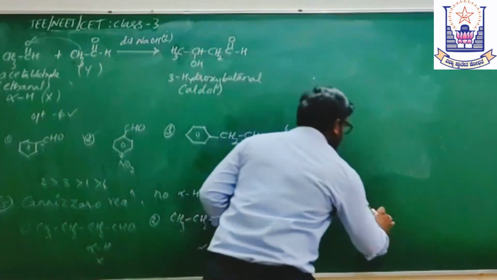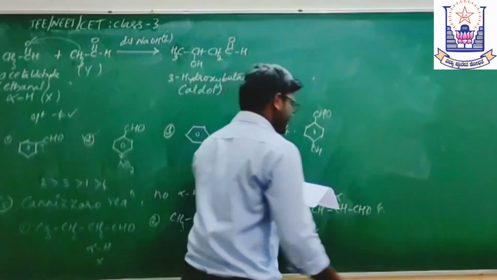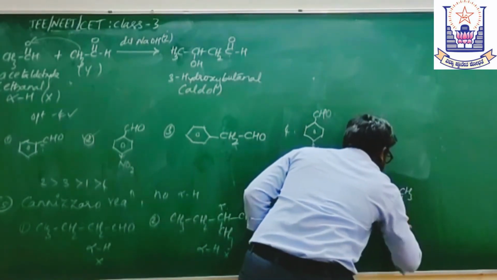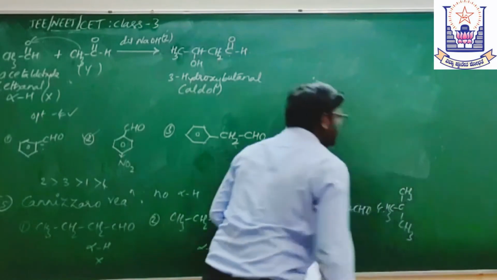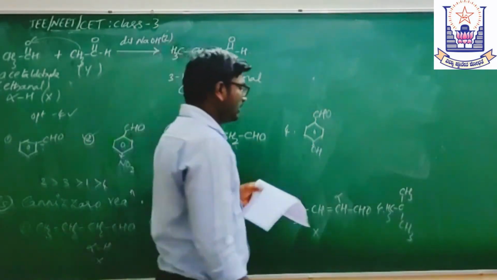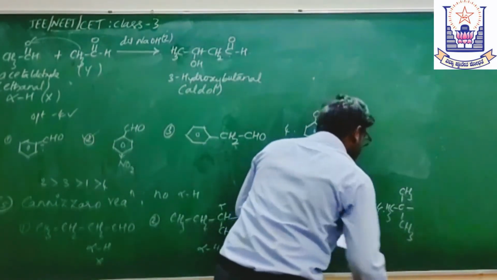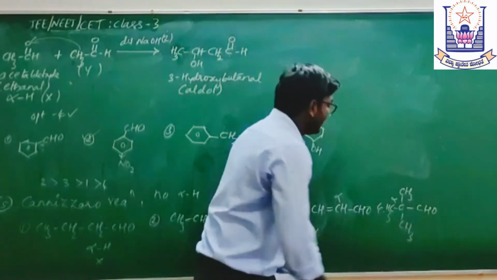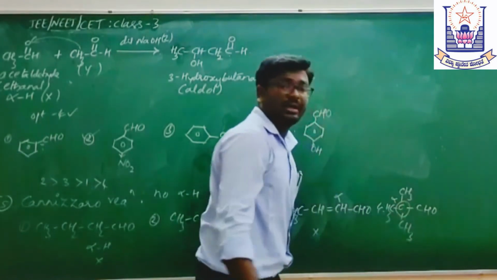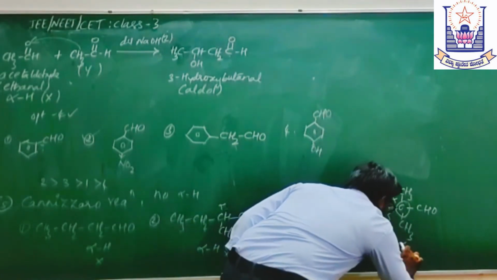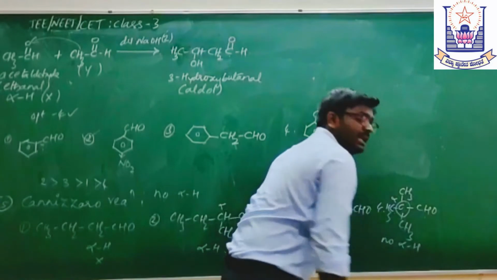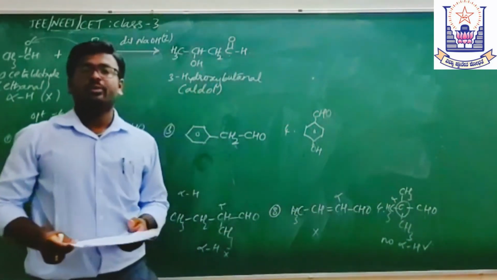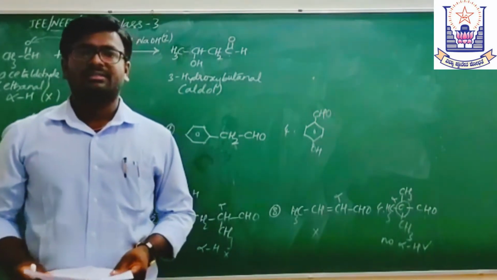Come to option 4, that is (CH3)3C, three CH3 groups present on a single carbon. This is a tertiary carbon, then CHO. Here this is the alpha carbon carrying no hydrogen, so the aldehyde with no alpha hydrogen readily undergoes the Cannizzaro reaction. Therefore option 4 is the correct answer.